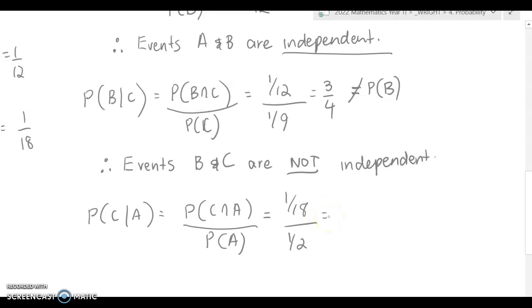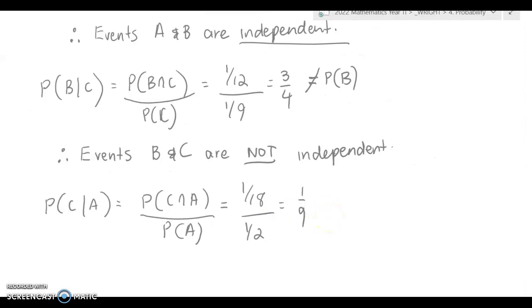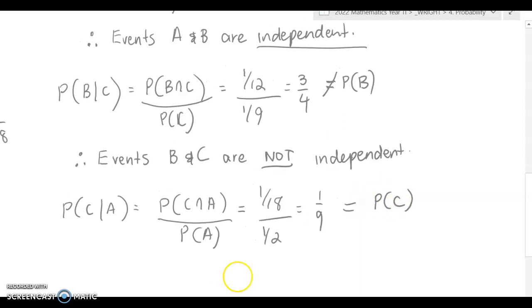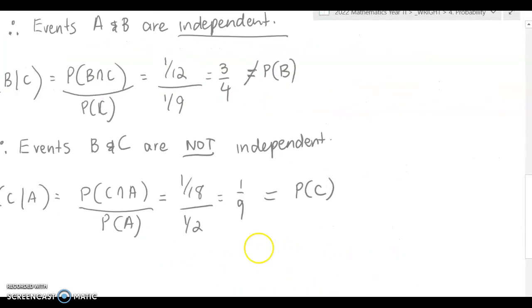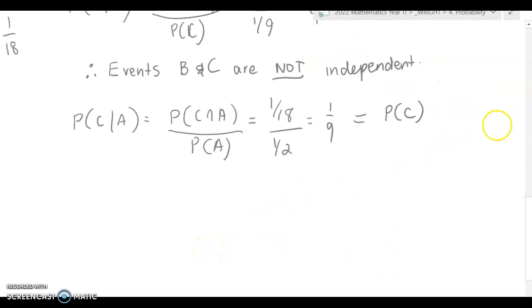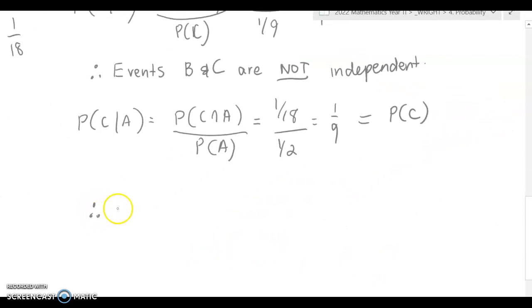Let's see what that equals. Okay, popping that in your calculator or in your head, that equals 1/9. We're going to check to see if that equals our probability of C. Does our probability of C equal 1/9? Yes, it does. We've worked that one out. So therefore, events A and C are independent.